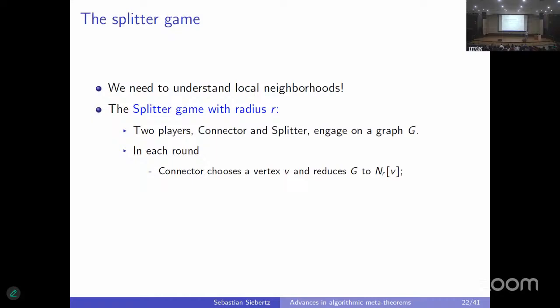So the players play in rounds. Connector always chooses a vertex v and says, let's go to the r-neighborhood around this vertex. Let me demonstrate that this neighborhood is really complicated. And Splitter says, well, you are right, but let me delete one vertex, and now it becomes simple. Splitter wins when the graph becomes empty.